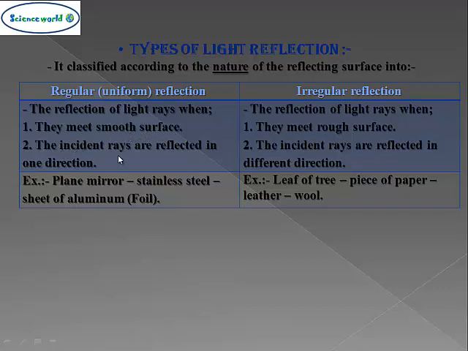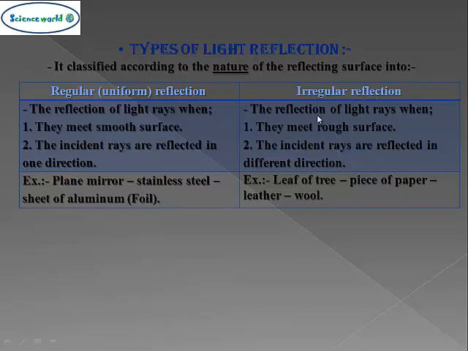The incident rays are reflected in one direction. Examples are a plain mirror, stainless steel, a sheet of aluminium, and foil paper.